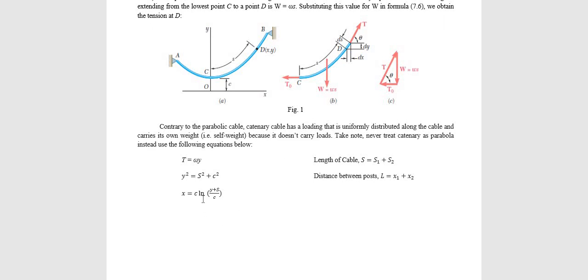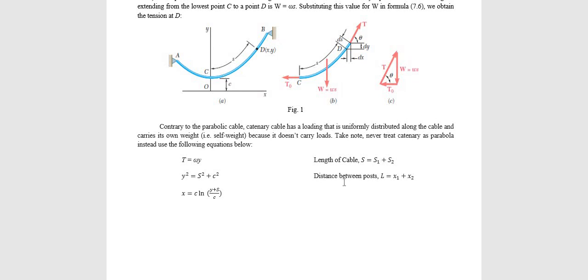Tapos x is equal to c times ln of (y plus s) over c. Pero if you were asked kung ano yung total span ng cable, that is simply S1 plus S2. For example, from point A to point C, that is S1. Tapos point C to point B, that is S2. So to find the total span of point A to point B, that is S1 plus S2.